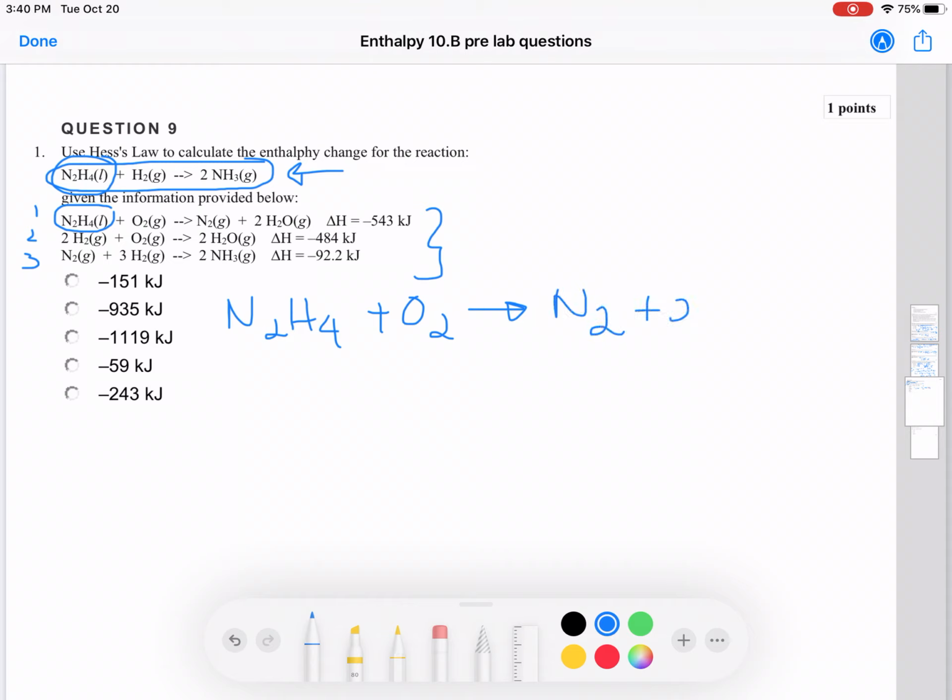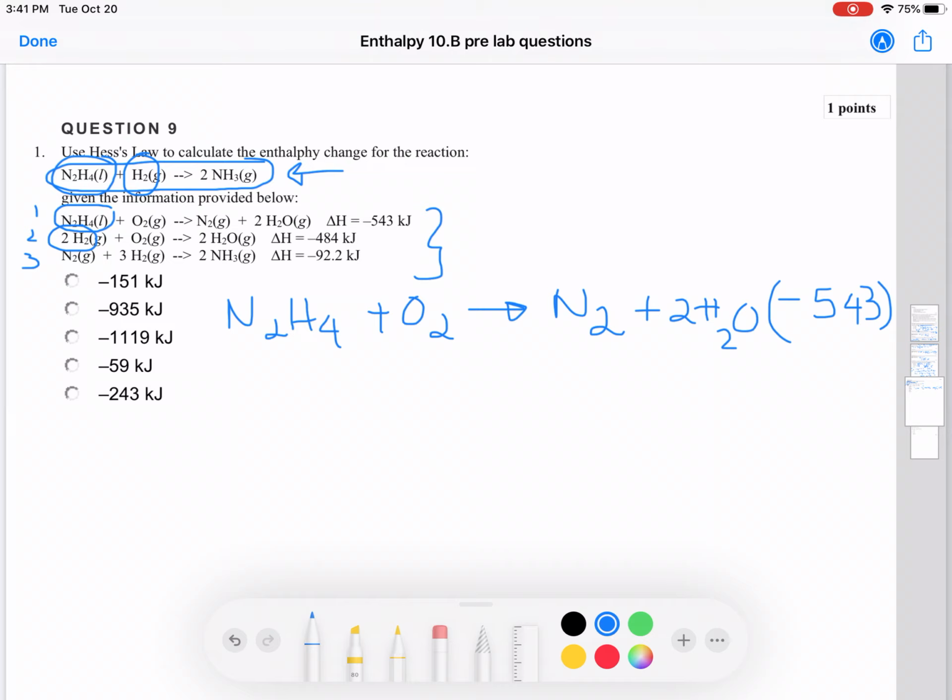So plus 2 water, and the delta H for this one is negative 543. Next one, hydrogen gas plus oxygen giving you water. We're going to keep that. In our target reaction we have hydrogen as a reactant, and here it is also a reactant. So we'll probably keep it like that, but we will see if we need to reverse it.